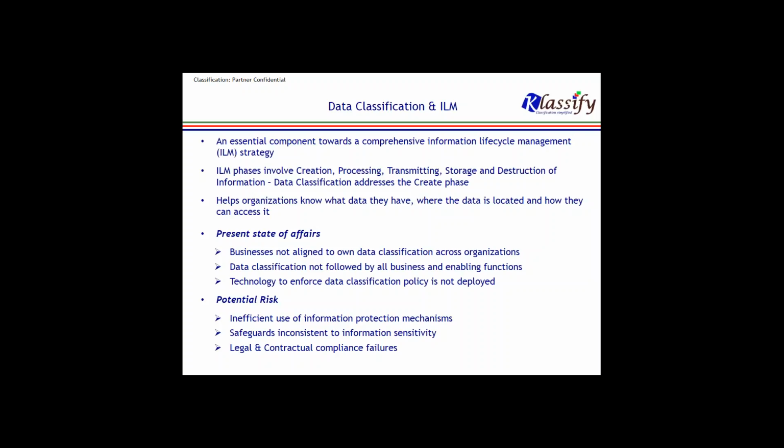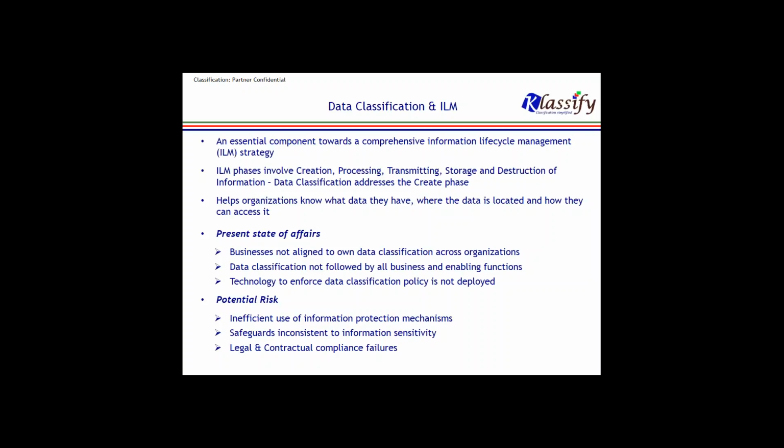And while we have a look at the present state of affairs in various organizations, let's look at some of the wider observations that we make of data classification. Number one, businesses are not aligned to own data classification across organizations. Organizations may have well-formulated data classification policies, but that data is owned by the business in most cases.